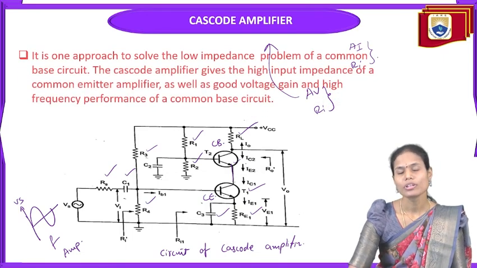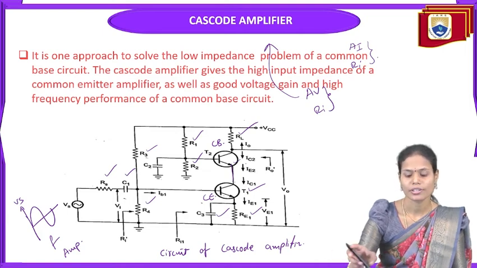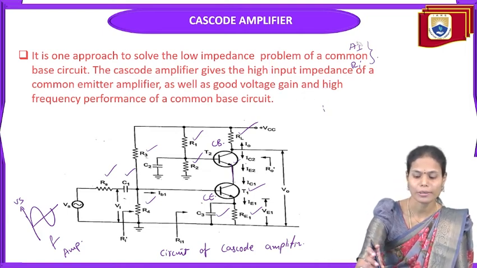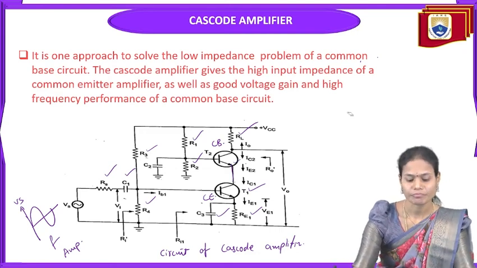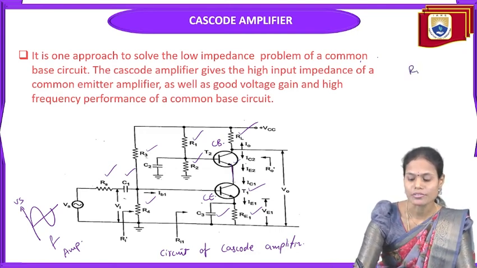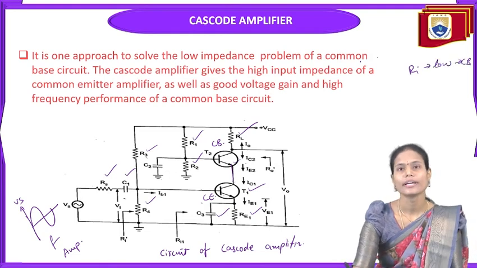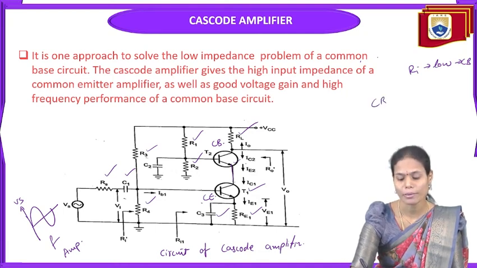So why are we moving to this Cascode amplifier? In the common base circuit, if you take a single common base circuit, it will provide very low input impedance. But if you take the Cascode amplifier, it will provide high input impedance. Why does it provide high input impedance? Because we are interconnecting the common base with the common emitter.